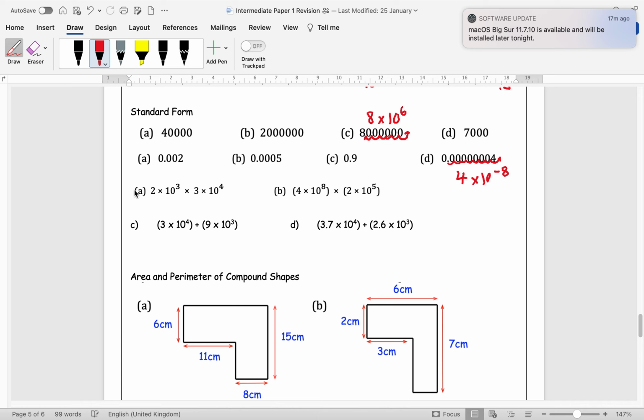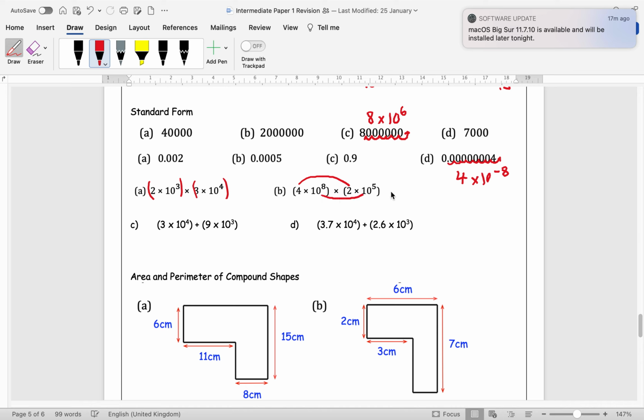We've got, I think these probably should have been in brackets. I just prefer them. Okay. So here, if we were doing this one, we can multiply those and then multiply those.